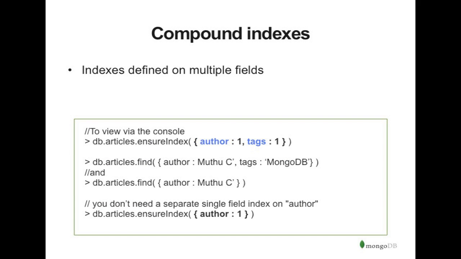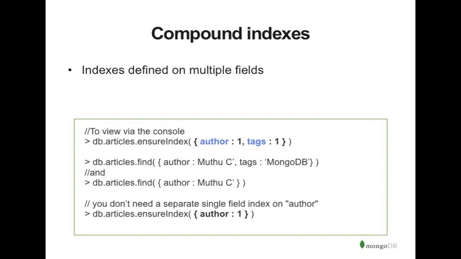Compound indexes we have seen in the illustration earlier. These can be created with multiple fields separated by a comma in your ensureIndex or createIndex command. So in this example, we are creating a compound index on two fields, author and tags, both in ascending order. Then when my query has all the fields in the index, the index will be picked up. Or if my query has the leading column of the index, in this case author, the index will be used.